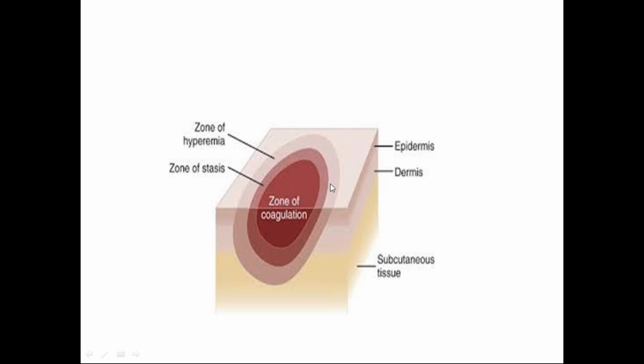In case of zone of stasis, there will be partially viable tissue and partial coagulated necrotic tissue. In case of zone of hyperemia, there will be increased blood supply. So the zone of stasis, either it will progress into the necrotic tissue, or it will repair on its own by the treatment.